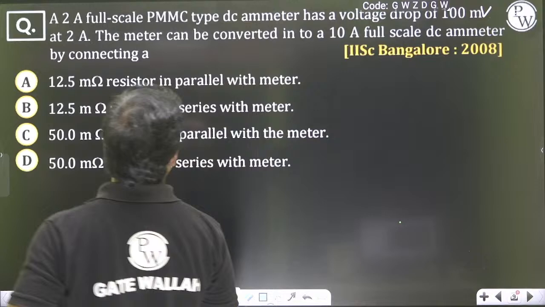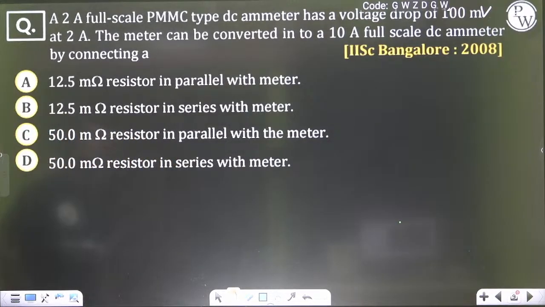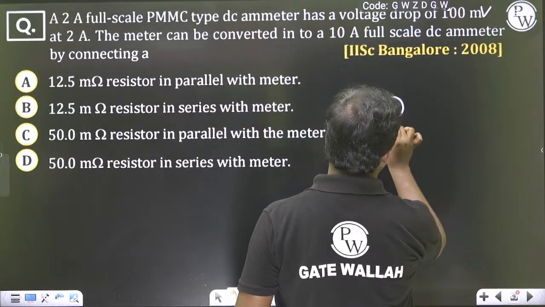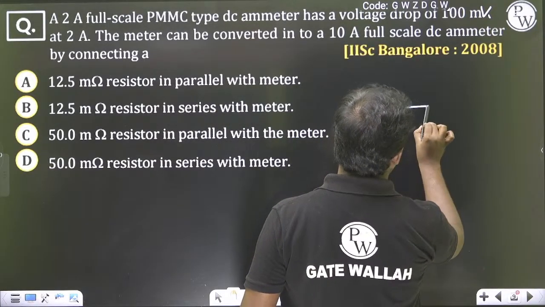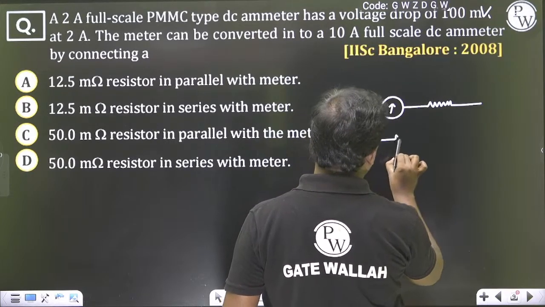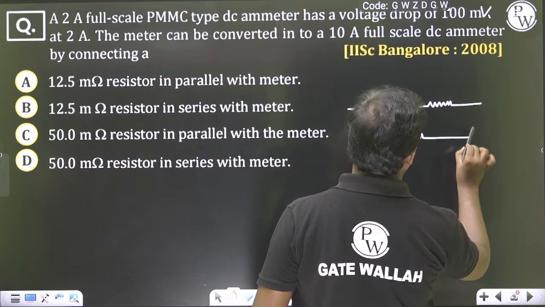Correction, millivolts. The meter can be converted into a 10 amperes full scale DC ammeter by connecting a dash. So first of all, let me draw the diagram. So this is the ammeter. So this is the meter resistance Rm, and this is the shunt resistance Rs.